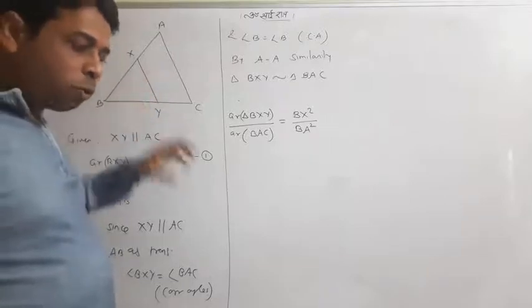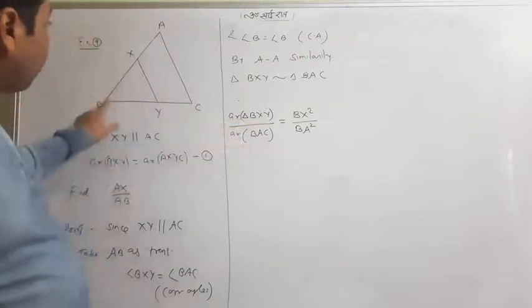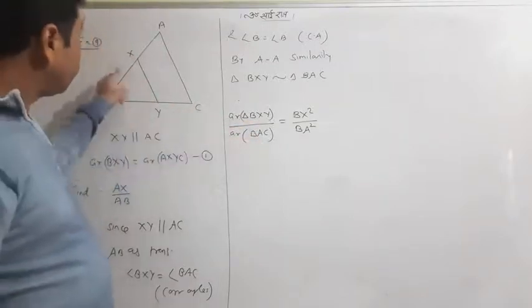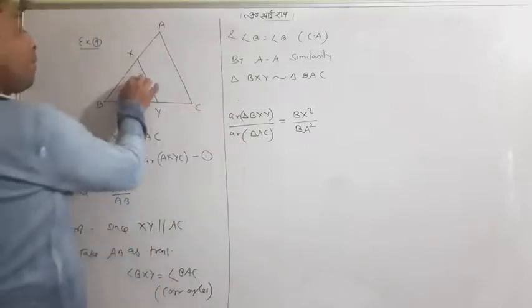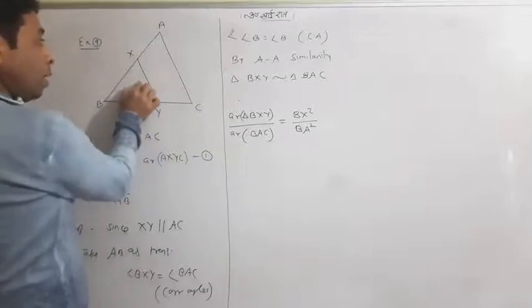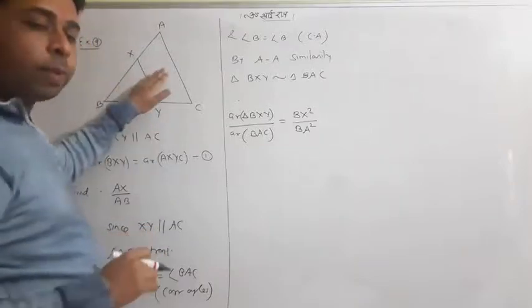So I just want to pull your attention towards the thing that BXY is a small one, BAC is a big one. So would you think that the small one, if these two are same, so small one is half of the total one, because these two are equal in area.